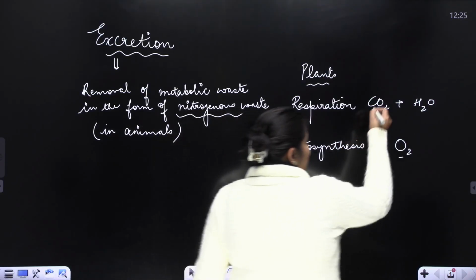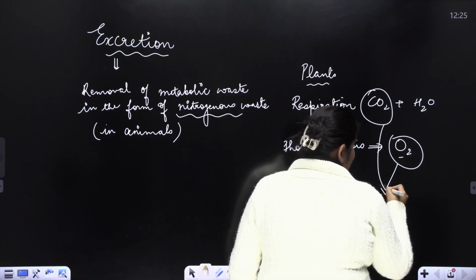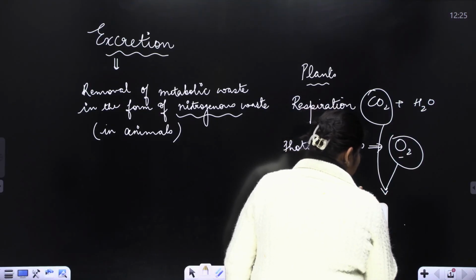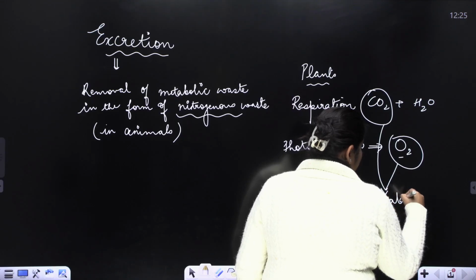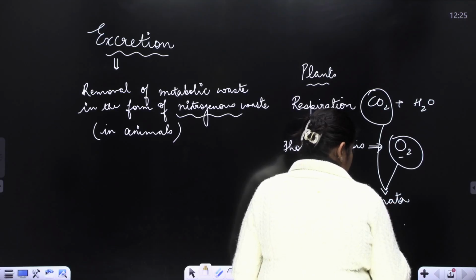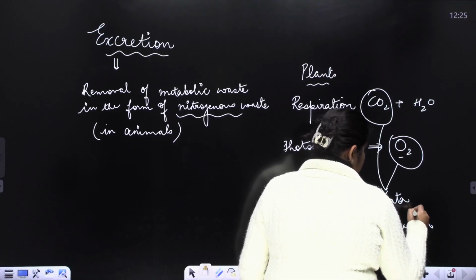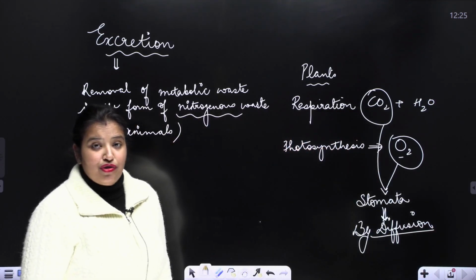And from where are the gases released? The gases are released through stomata by the process of diffusion. By the process of diffusion, these gases are lost.